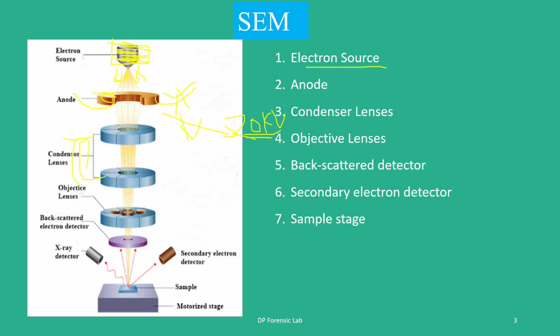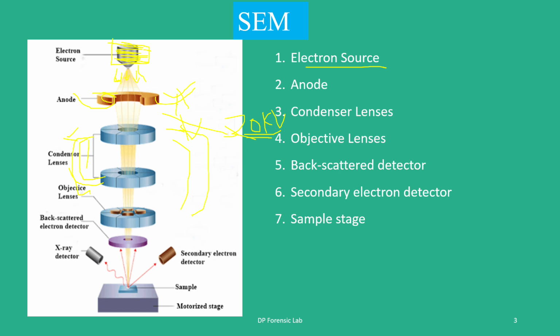These lenses are not physical lenses. This is an electromagnetic lens, a condenser lens or an objective lens. In this SEM, a physical lens made of glass or any material is not used. It is a magnetic lens, an electromagnetic lens.